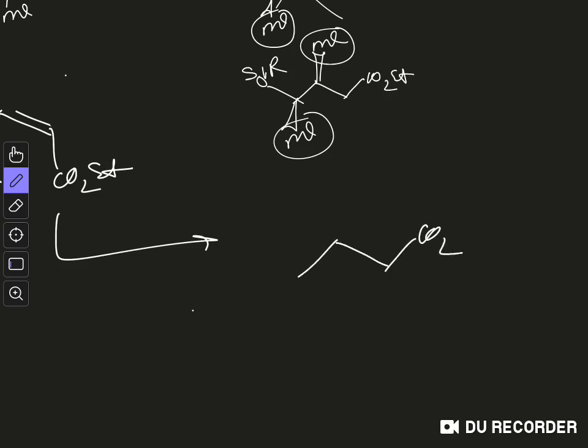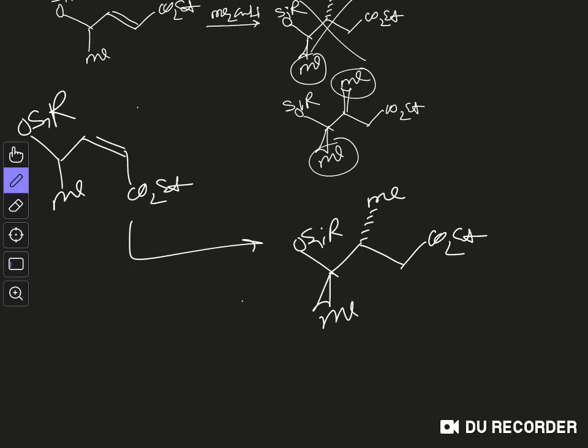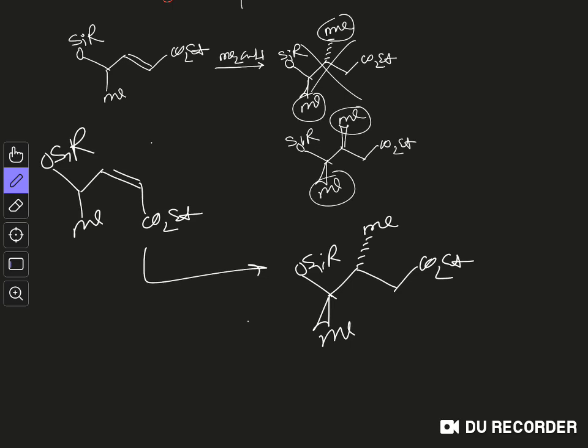So this CO2Et, we have this OSiR, we have this methyl, and now we get this methyl below the plane, right? So this is very interesting. Whatever we discussed in the previous problem, we get the totally reverse outcome in this particular case.